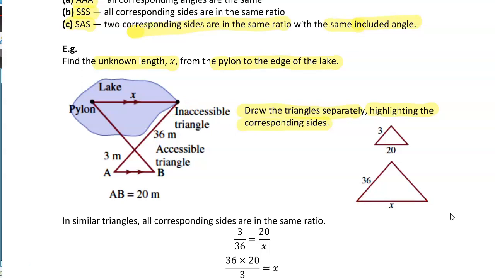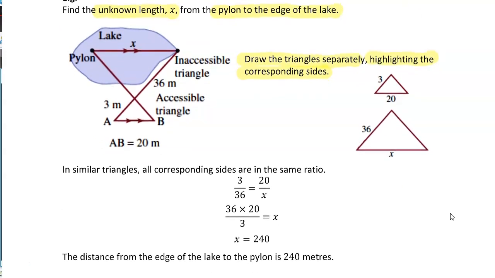So now it's down to the two triangles, and I want to figure out my scale factor. In similar triangles, corresponding sides are in the same ratio. So comparing 3 to 36 is the same as comparing 20 to x. Figuring that out, x is 240 metres.